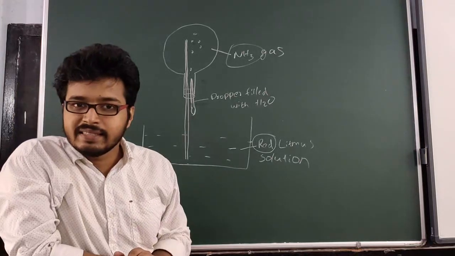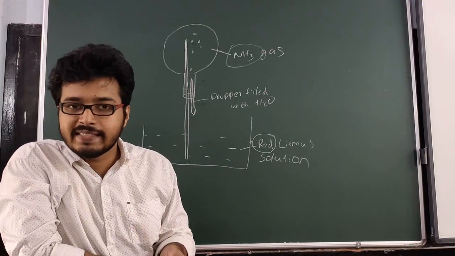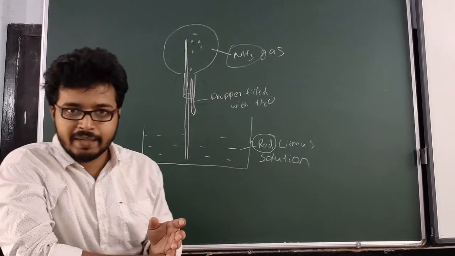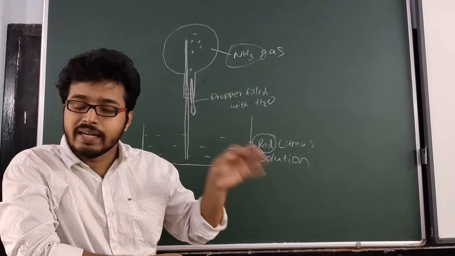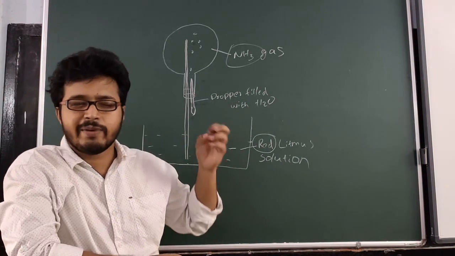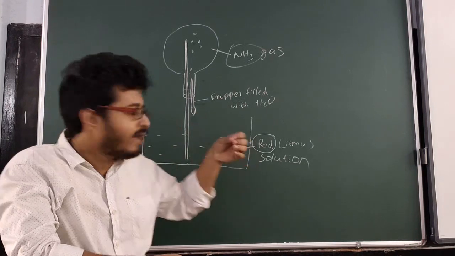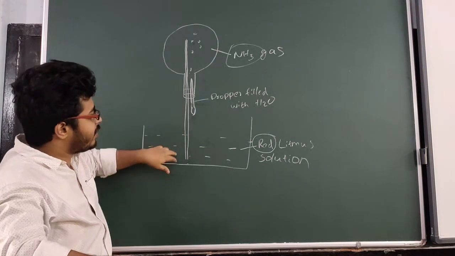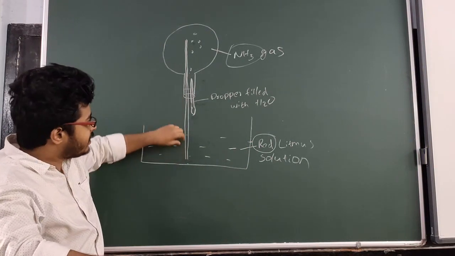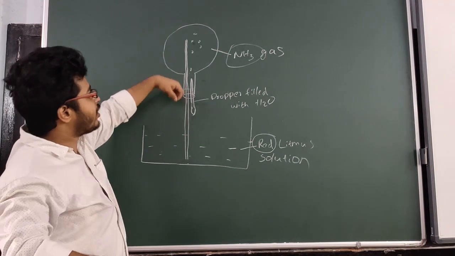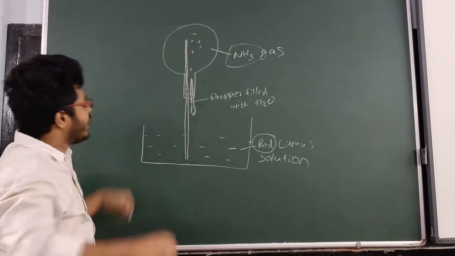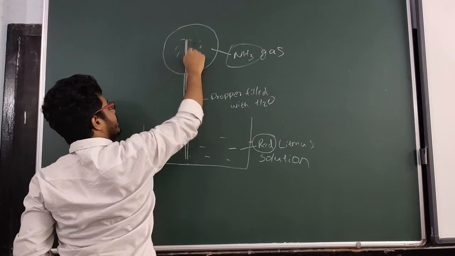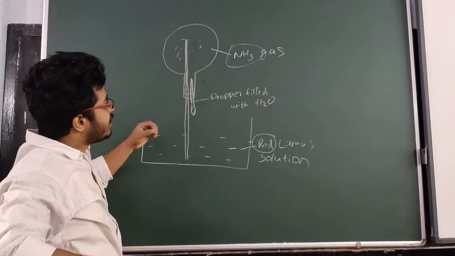In the last case, while I was doing the experiment with HCl, due to the high solubility of HCl in water, all the HCl got dissolved in water. There was a creation of low pressure inside the flask. Because of the low pressure there is a suction force, and the water from the vessel kept below was sucked up and started to move upwards through the glass tube, and after some time you can see a fountain-like creation from the tip of the glass tube.